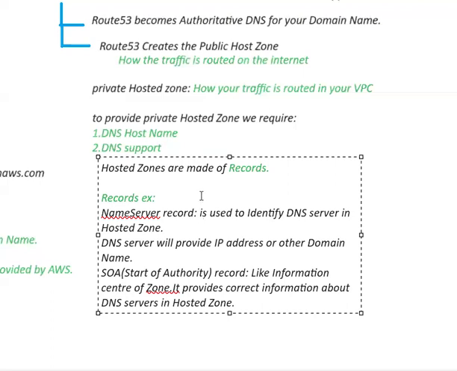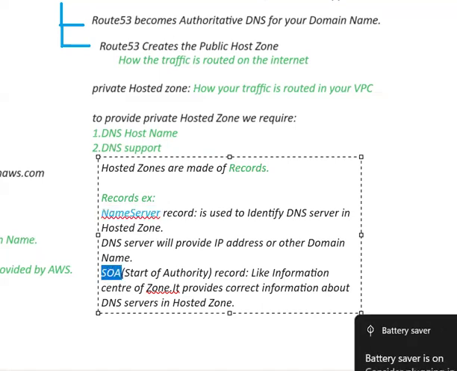To integrate your domain name to the existing DNS system, these two records, what are those two? Name server record as well as SOA, start of authority record. These two records are very important for you.